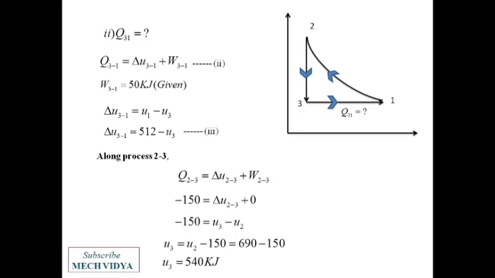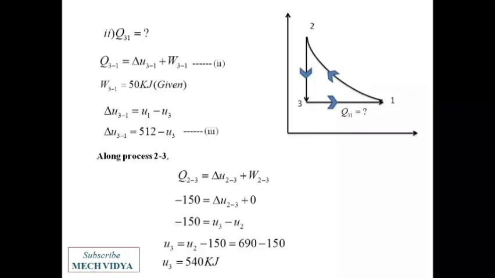Now I will put this value in equation number 3. Putting it in, del U31 can be written as 512 minus 540, which comes around minus 28 kilojoule. Now del U31 can be put back in equation 2.